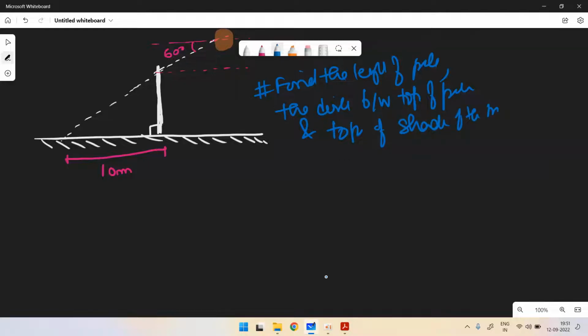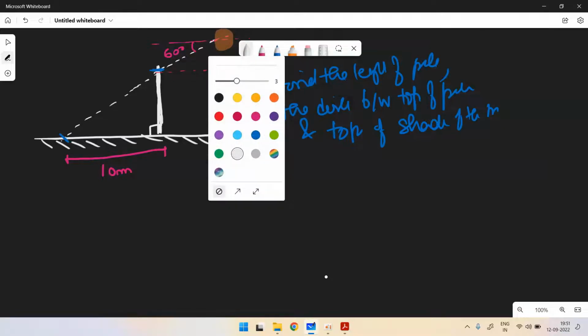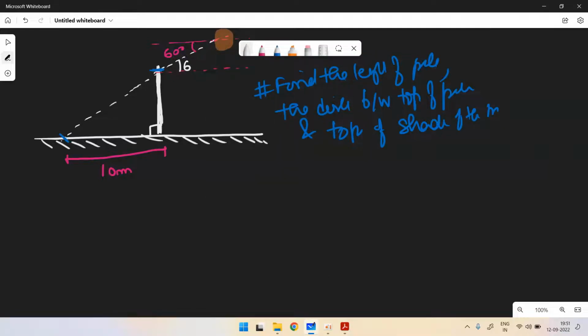The distance between the top of the pole, that is this distance, to this point, you need to find. So how will you do this question? You need not deploy much brain. Since this is 60 degrees, this angle also will be 60 degrees.